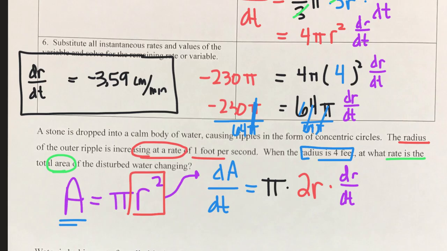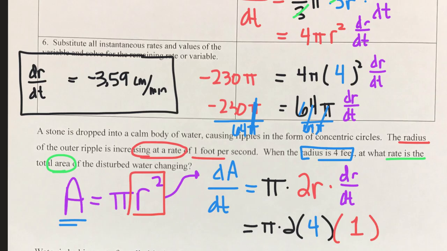So we know the radius is 4. When the radius is exactly 4 feet, what's our rate of change of radius? 1 foot per second. That's dr dt, 1 foot per second.